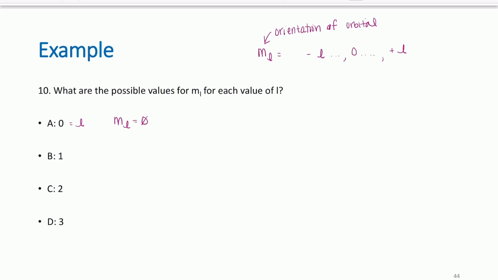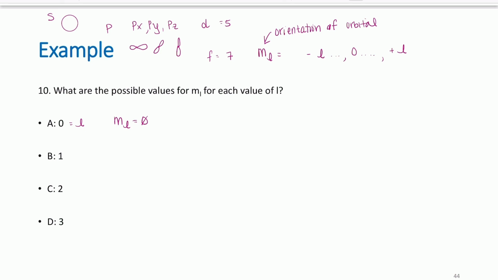Because remember, for s orbitals, we only have a sphere. For p orbitals, we have px, py, and pz. So we've got dumbbells. For d, we have 5 options, and for f, we have 7 options. m sub l is telling me which of those options I have.